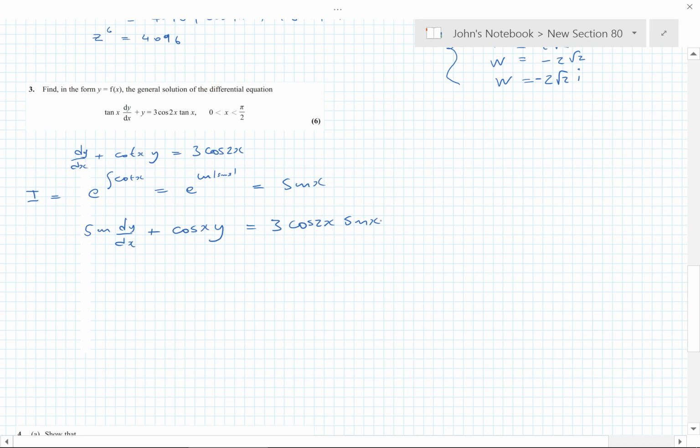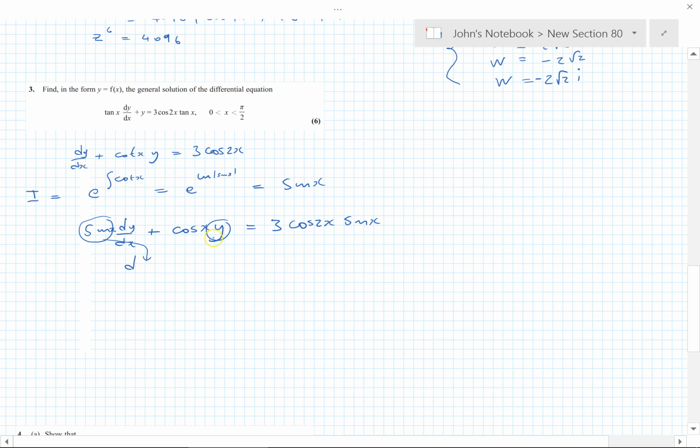Okay, now, when we've done that, the whole purpose of using the integrating factor is that we've got it in exact form. So when we've got it in exact form, it'll be d by dx of whatever's in front of this.